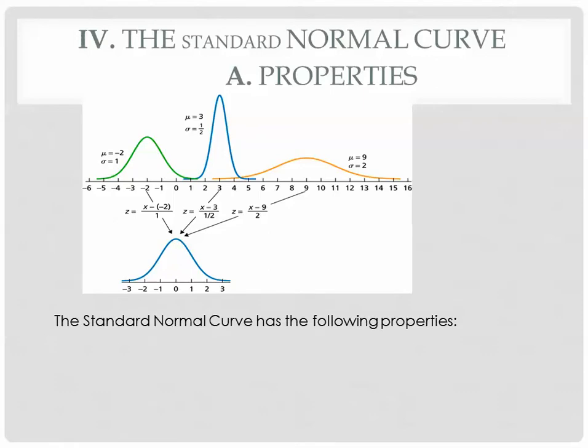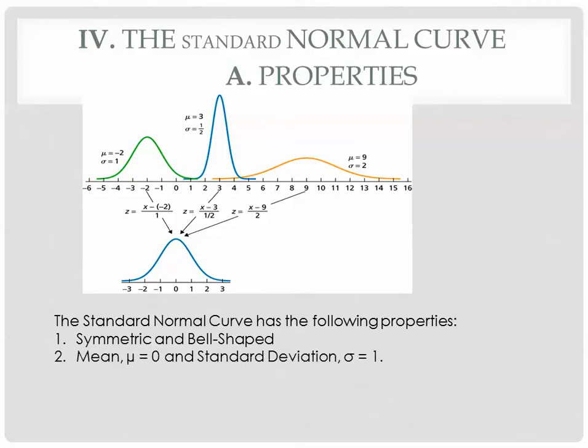Okay, so let me tell you what the properties of the standard normal curve are. It is symmetric and bell-shaped, just like any normal curve. It has a mean of 0 and a standard deviation of 1. That is the key specific information that distinguishes the standard normal curve from any other normal curve.